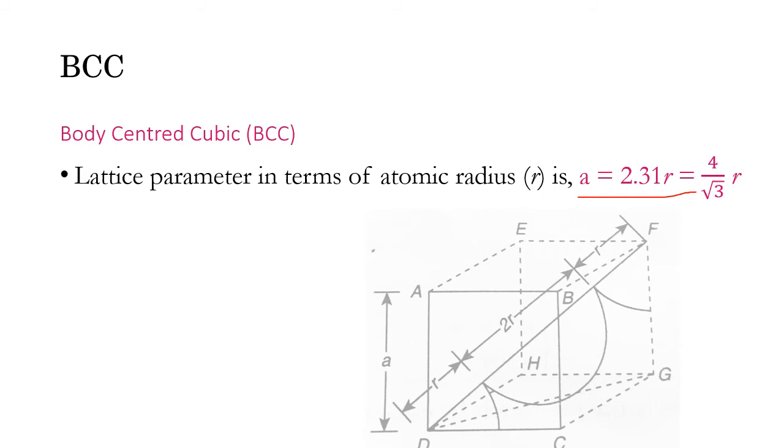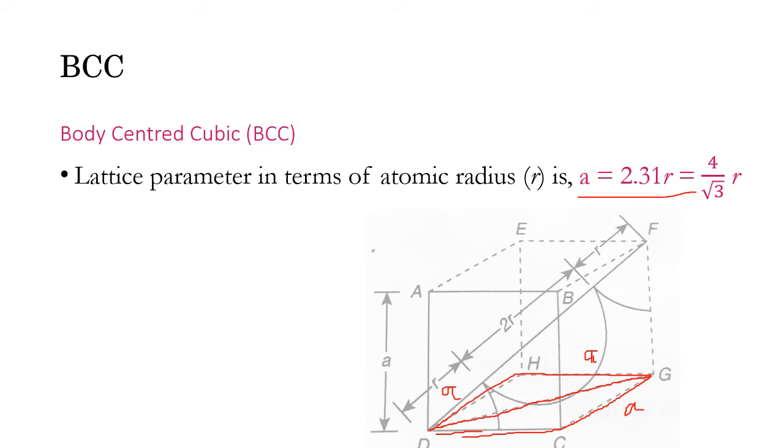So let's say, for example, let's consider the face DHGC. This is the bottom face of this unit cell, and the edge length is a. So that is also a. This is also a. Then the face diagonal of this bottom face can be calculated by applying Pythagoras theorem to the triangle DCG.